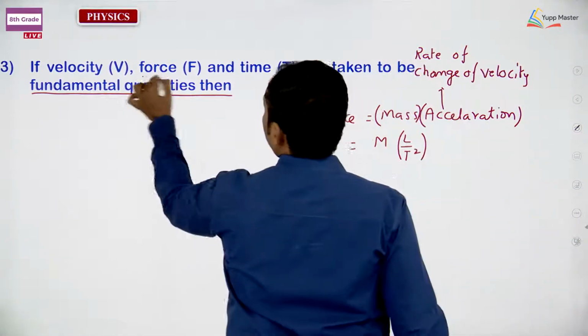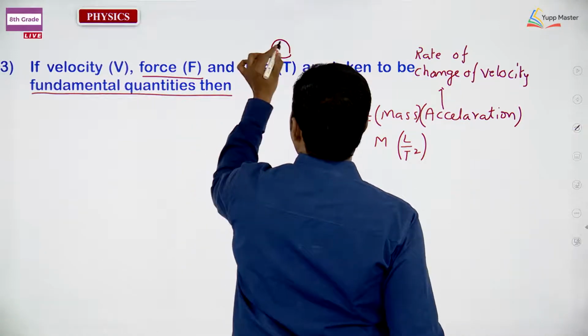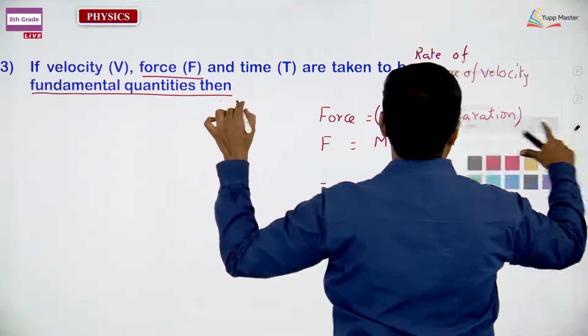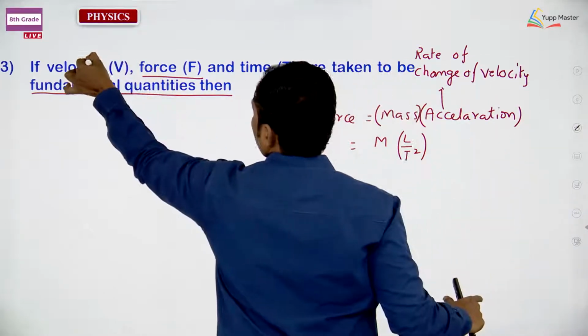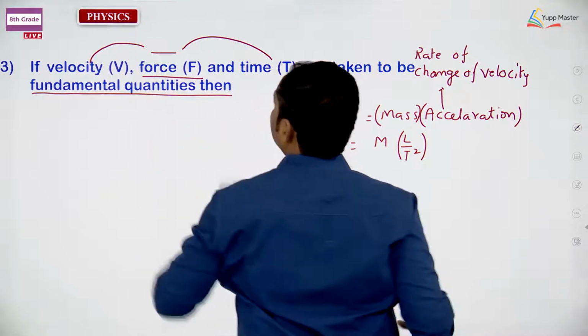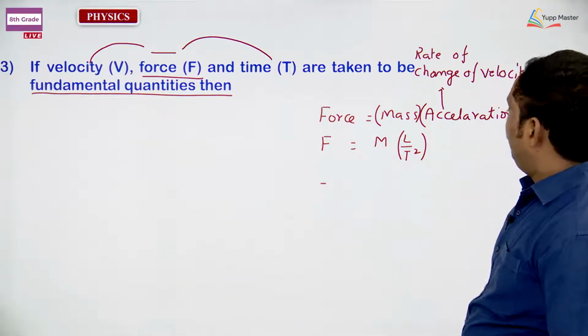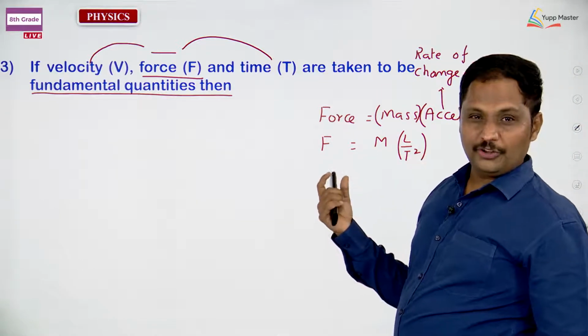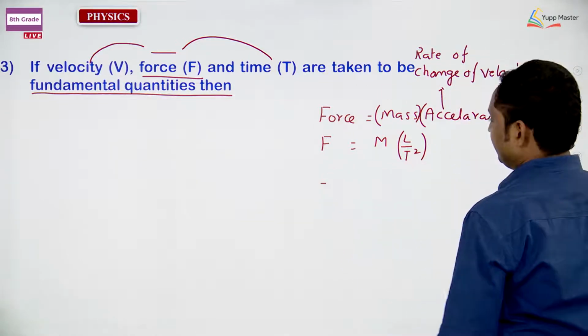Easily we will find out that force is related to time t and velocity also. There is a relation. You will find this relation, that force is equal to mass into acceleration. These are the base quantities, let us assume.